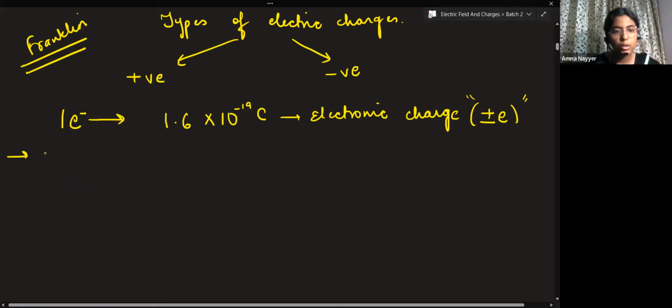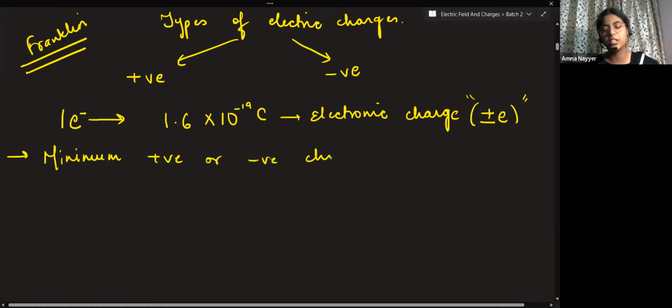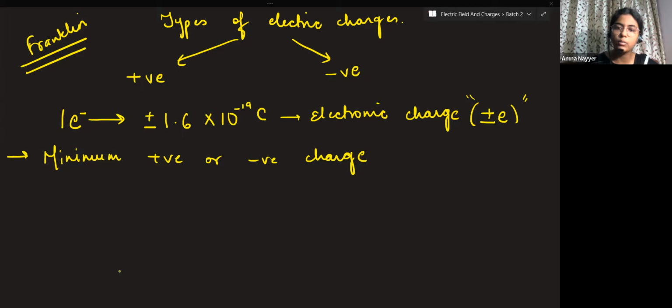All right. So this is the minimum positive or negative charge. When I'm writing positive or negative, this means for all the positive charges, this becomes plus 1.6 into 10 to the power minus 19 coulomb. For all the negative charges that we have, it becomes minus 1.6 into 10 to the power minus 19 coulomb.